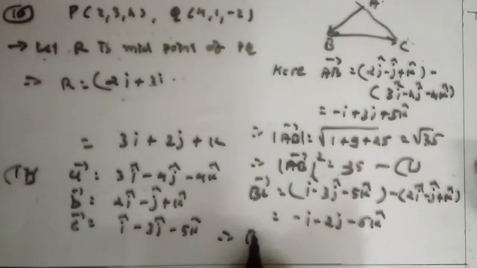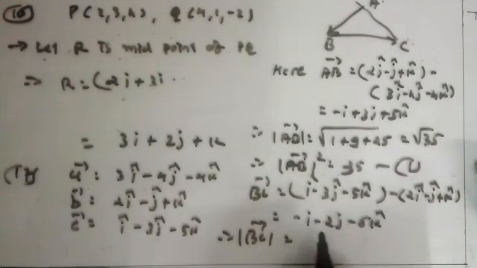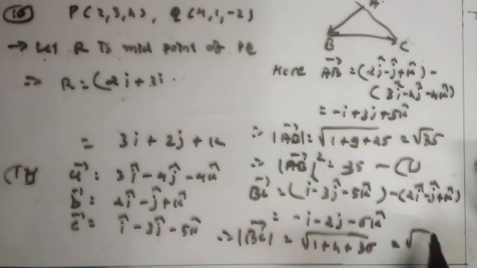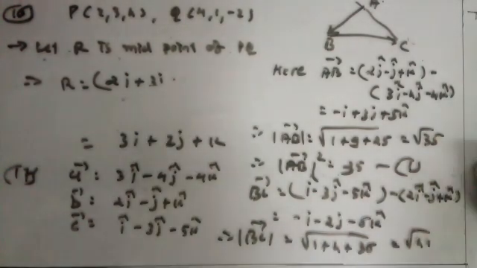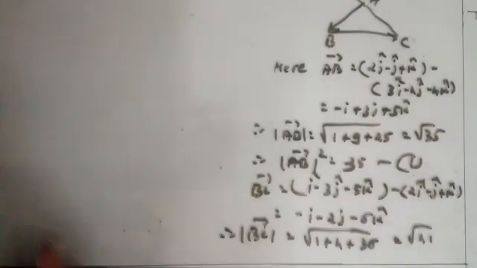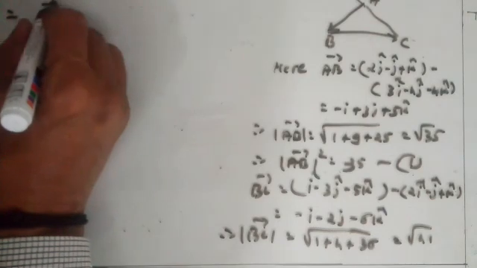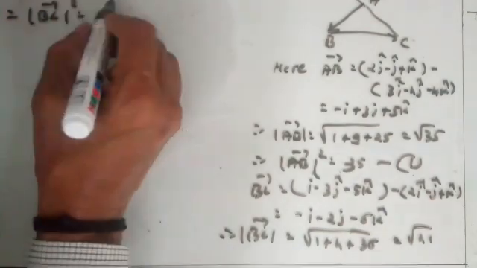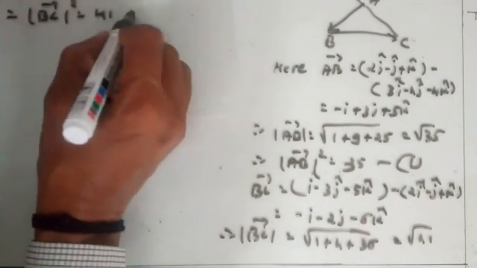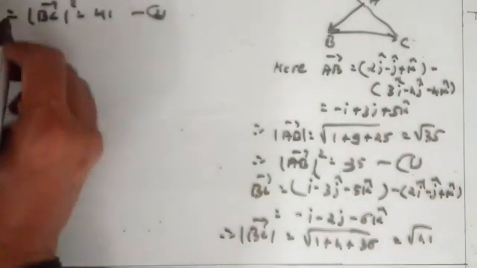Therefore the magnitude of BC, that is the length of BC, is equal to root of 1 square is 1 plus 2 square is 4 plus 6 square is 36, which is root of 41. Now apply square on both sides. So BC square is equal to 41. Take this as result number 2.